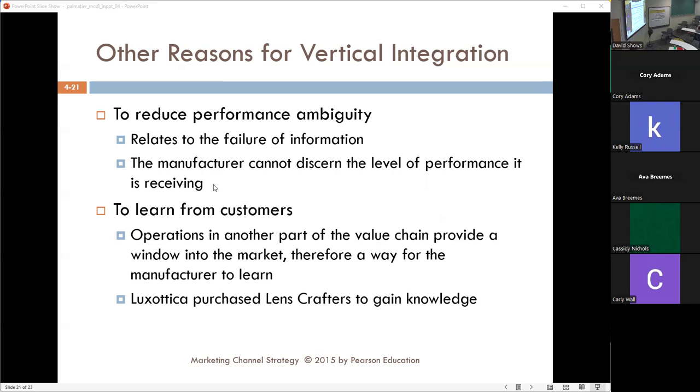So there's a blurb there of Luxottica purchased LensCrafters to gain. Now Luxottica is European, I think it's French. I was talking to somebody, that was an unmitigated disaster actually, because, and this happens unfortunately, when you buy other companies, the corporate culture sometimes doesn't mix well together.